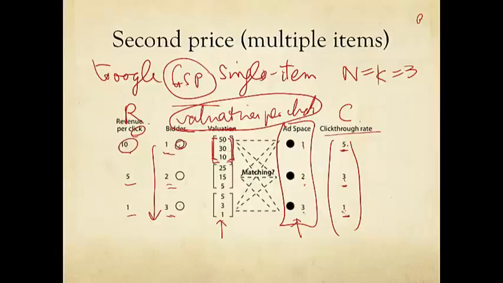And 10 times 1, 10. Because this is just a scaled version of the click-through rate vector. The scaling, the proportionality constant, is the scalar bid.